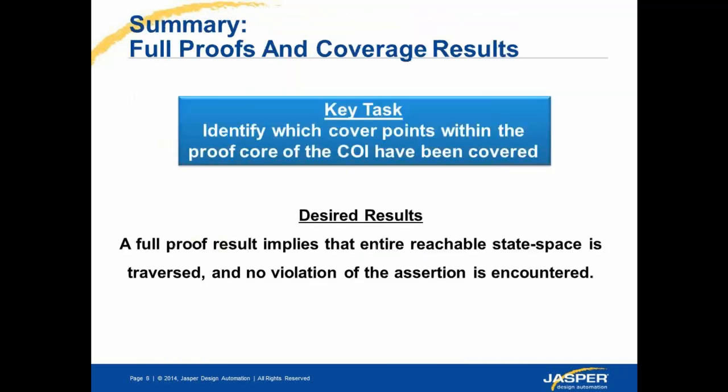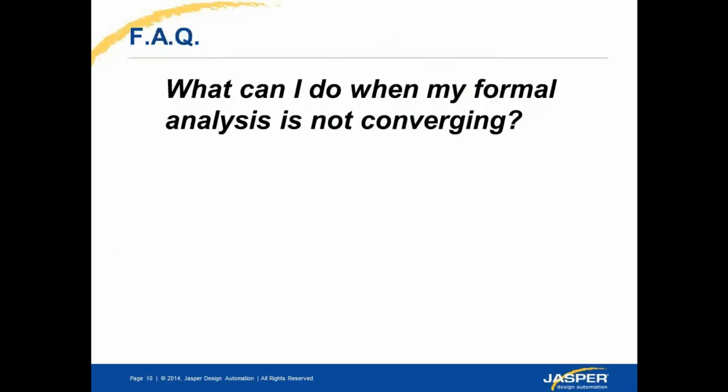This is all good if you get full proofs, but then most experienced formal verification engineers know that it's not always easy to get full proofs in your design because of design complexity or, let's say, verification complexity. You sometimes don't achieve full proofs. What do you do then?